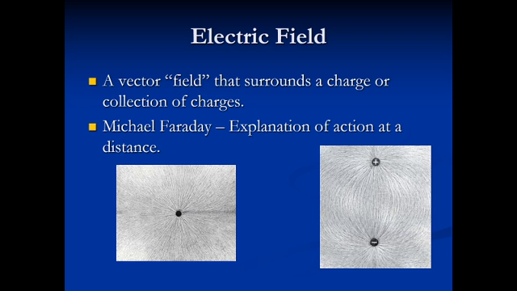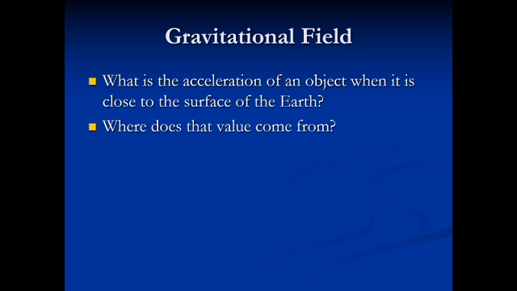He had the idea that there has to be something that causes these to act at a distance, and these are some of the pictures of ways of visualizing electric field lines, similar to what you will be doing in the simulation lab. The correlation to this is the idea of the gravitational field.